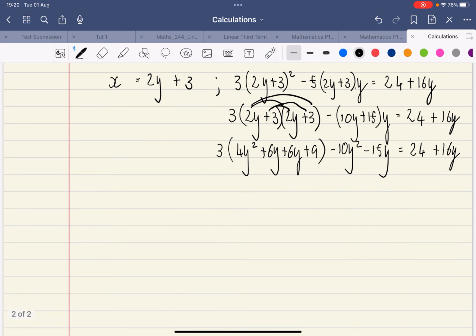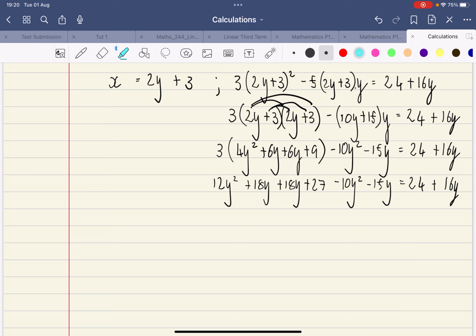And then let's do our final multiplication. 12y squared plus 18y plus 18y plus 27 minus 10y squared minus 15y equals 24 plus 16y.